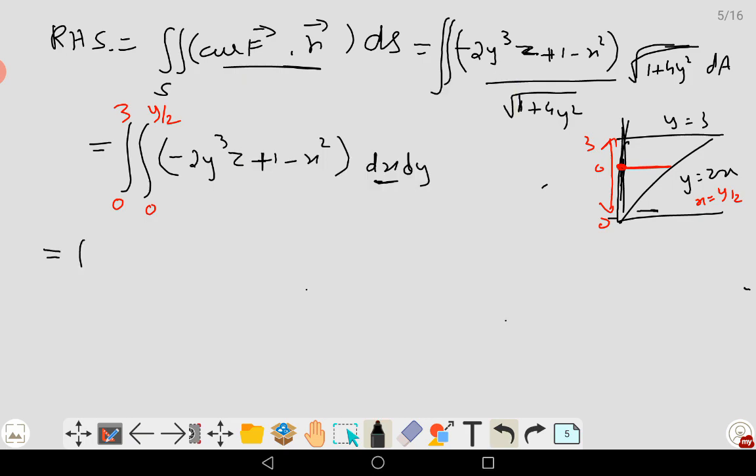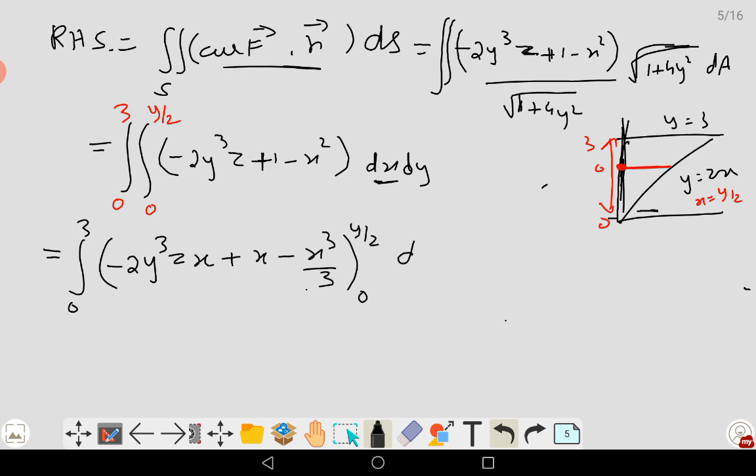Now when we integrate it, outer limit is 0 to 3 for y, inner integration with respect to x. What do you get? Minus 2y cube z x plus x minus x cube over 3 from 0 to y over 2, and dy is outside. Substitute upper and lower limit. Lower limit is 0, so no term will be there.